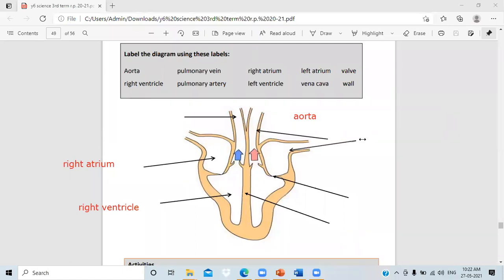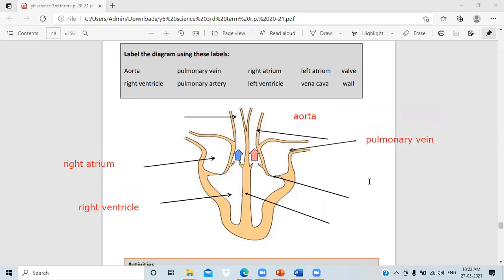The pulmonary what? If you have an artery, the aorta is an artery. So the other one must be a vein. Yes, exactly. Each side has one artery and one vein.